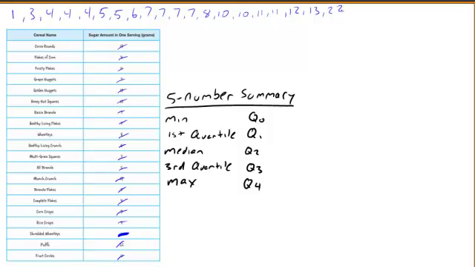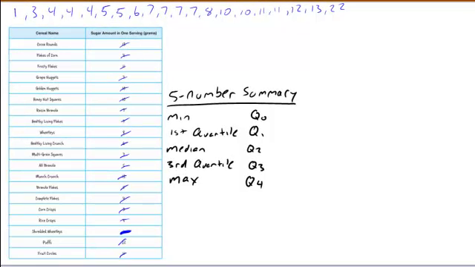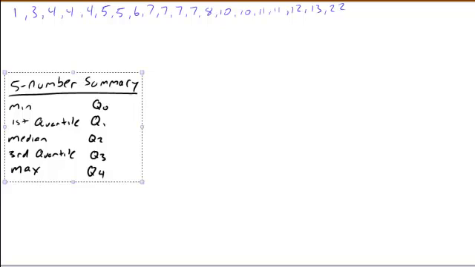What I'm going to do is start writing out my 5-number summary. So there's tricks to this. The first thing is I'm going to find my minimum. My minimum is my first number, right here.